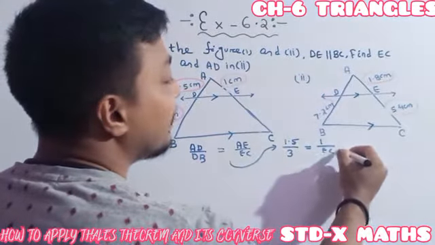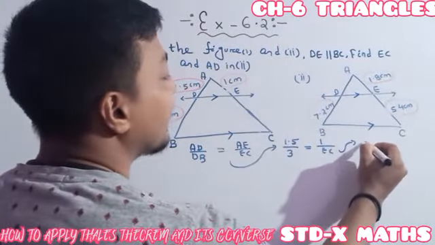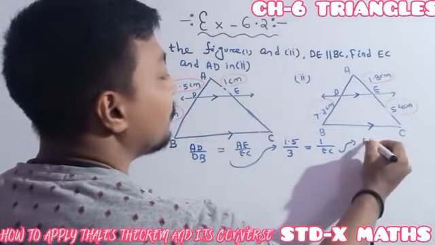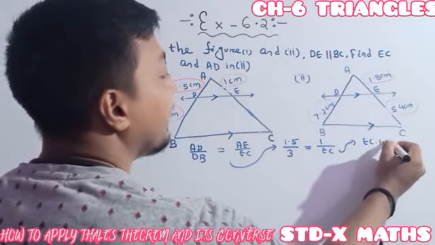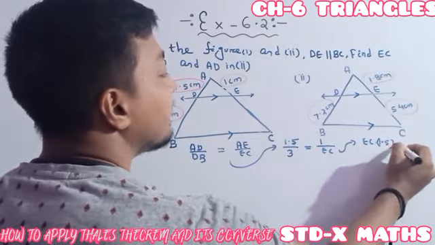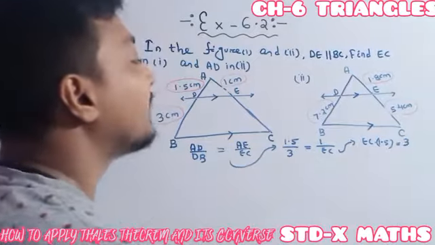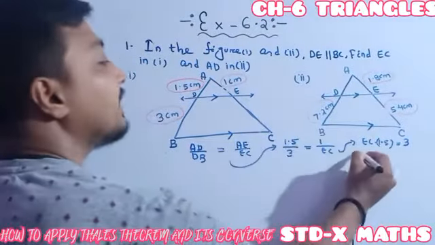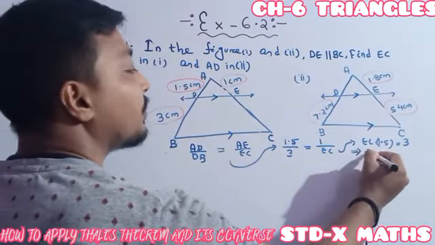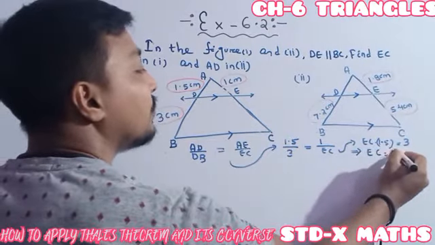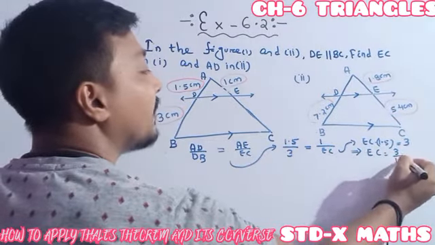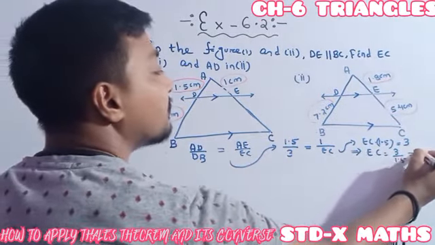So in the next step I do the cross multiplication. EC into 1.5 is equal to 3 into 1, which is 3. I want EC, so EC is equal to 3 divided by 1.5, which gives us 2.